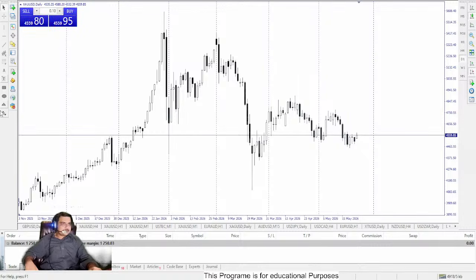Right here most traders will think at this particular zone, let me show you. Right here, most traders, literally 95% of the traders, think that near this zone they are reacting to gold.